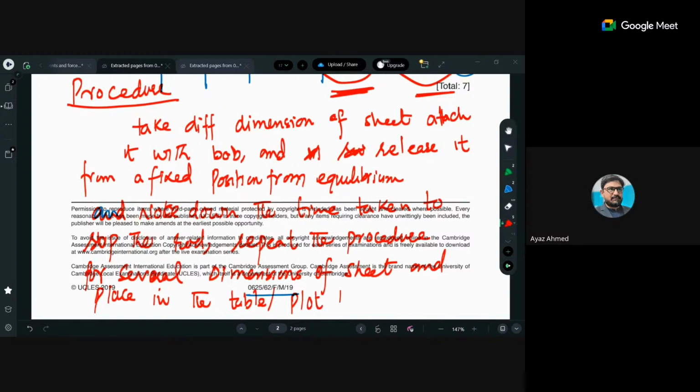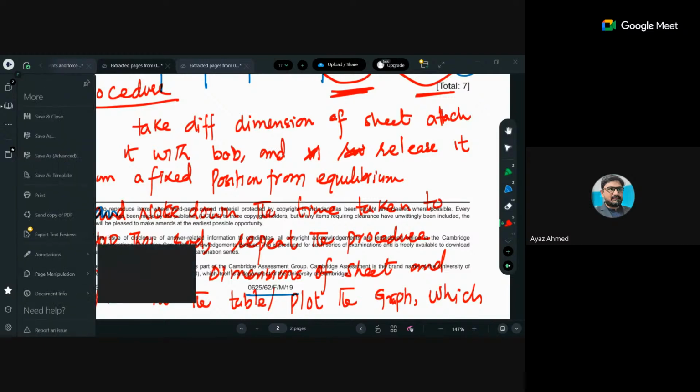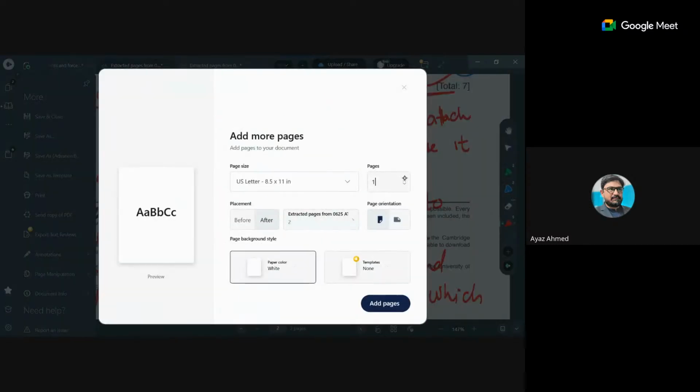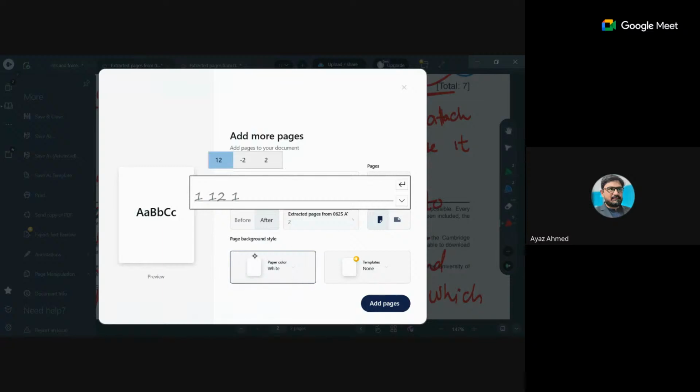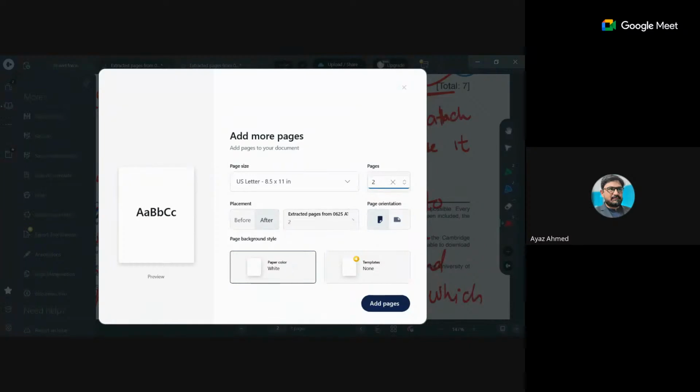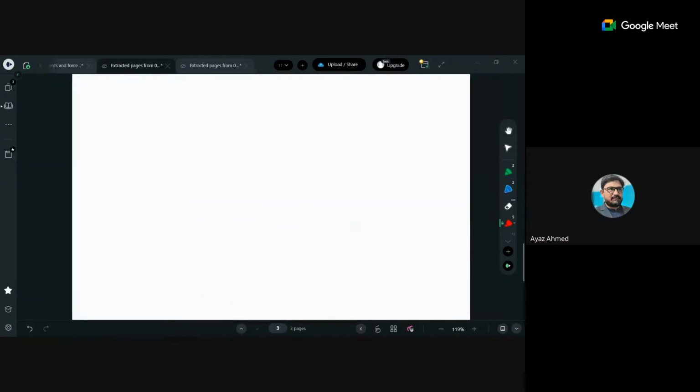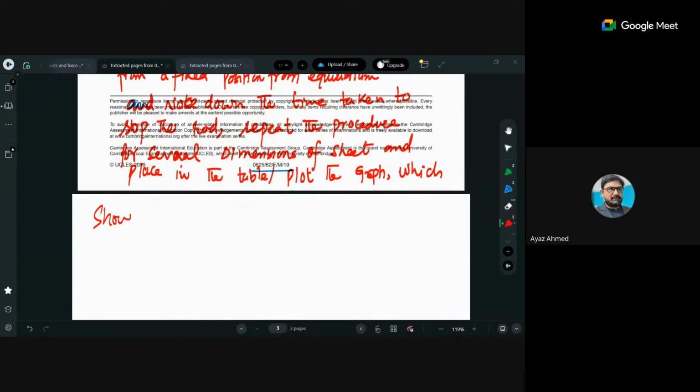Plot the graph which shows the relationship between area of card and time to stop.